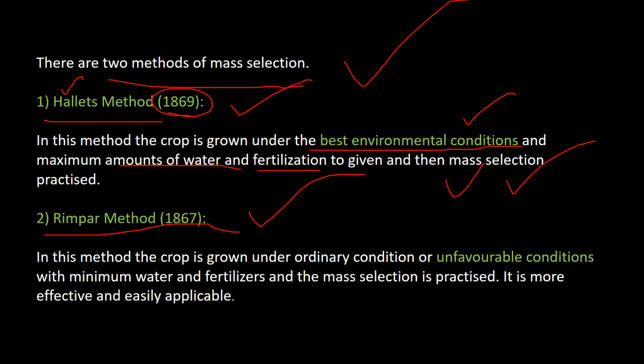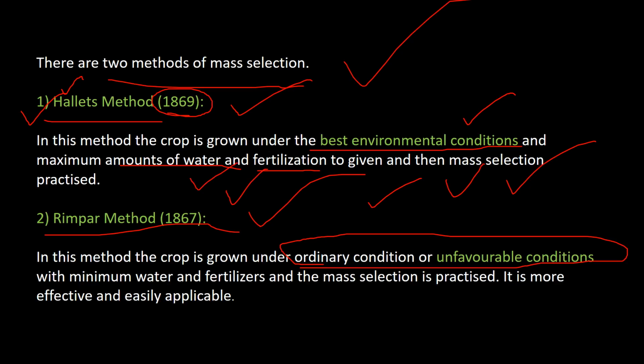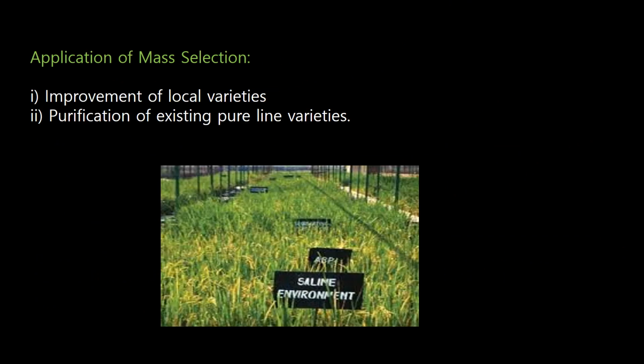In contrast, in Rimpau's method the plants are grown under ordinary conditions, without an appropriate amount of water or good fertilizers, to check the adaptability of the plant. This is very effective and more easily applicable when compared to Hallett's method.